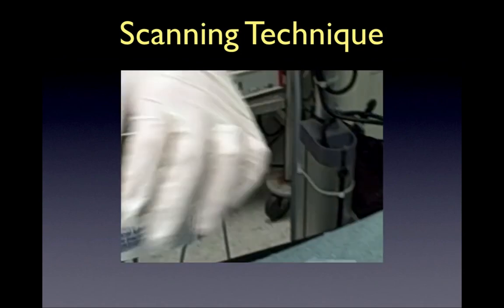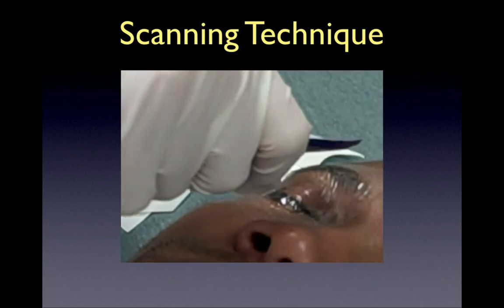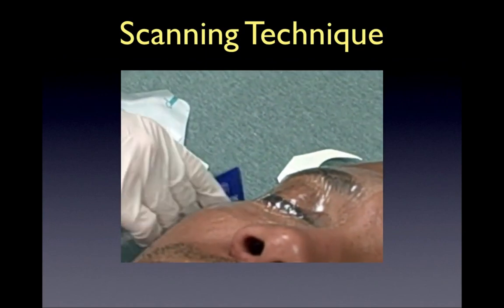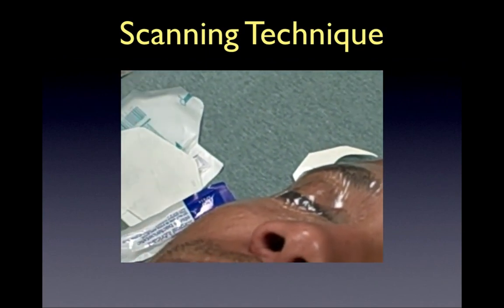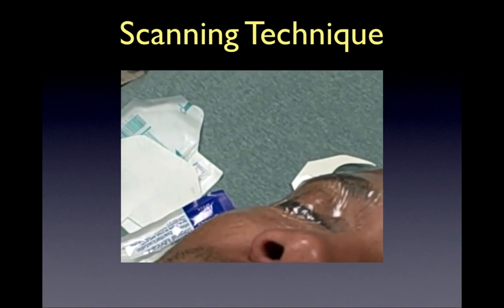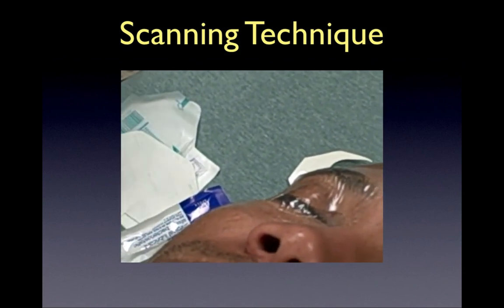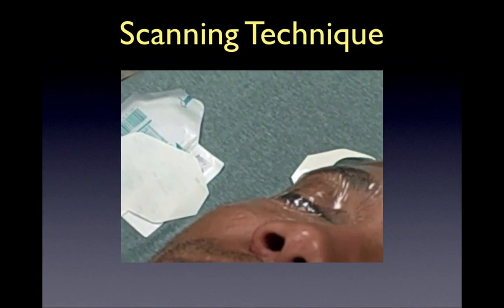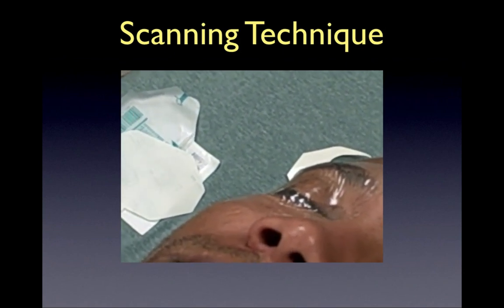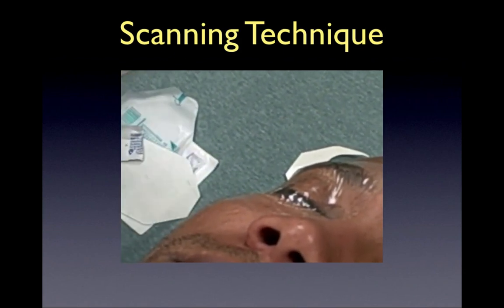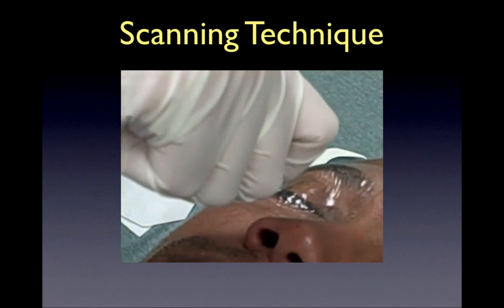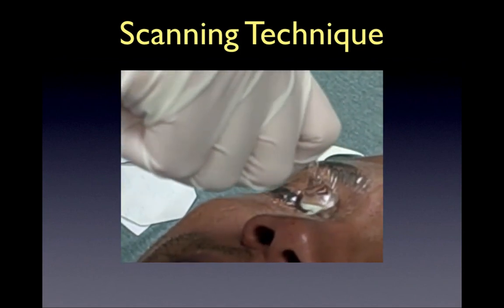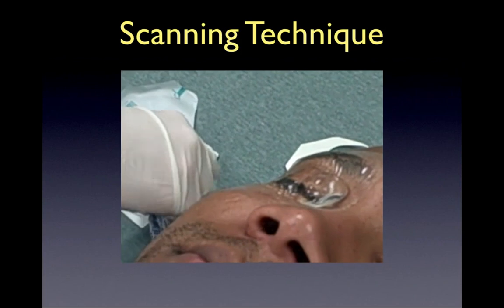You now want to apply a water-based lubricant, Surgilube is being used in this example, to the outside of the Tegaderm dressing. And here the operator is applying additional Surgilube to the outside of the Tegaderm, again to use copious amounts of gel to avoid applying pressure to the globe.